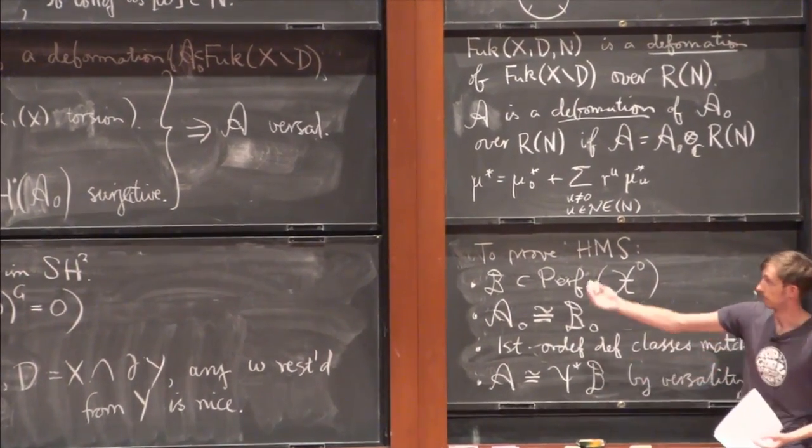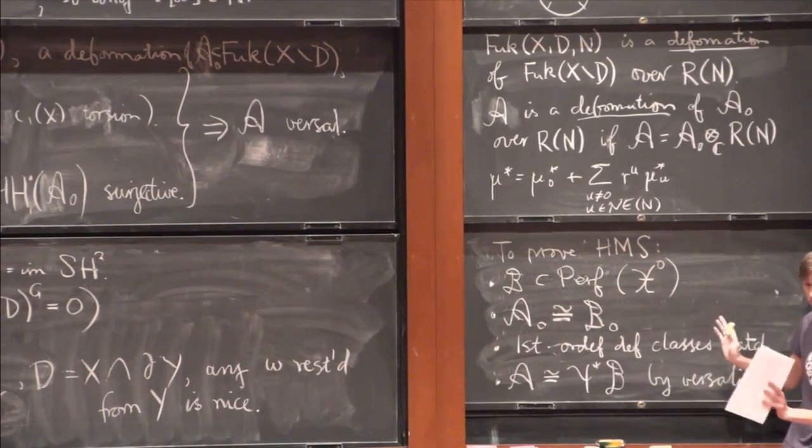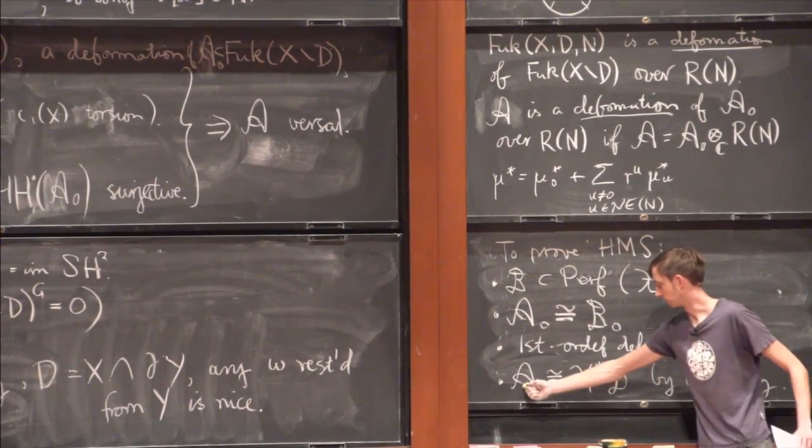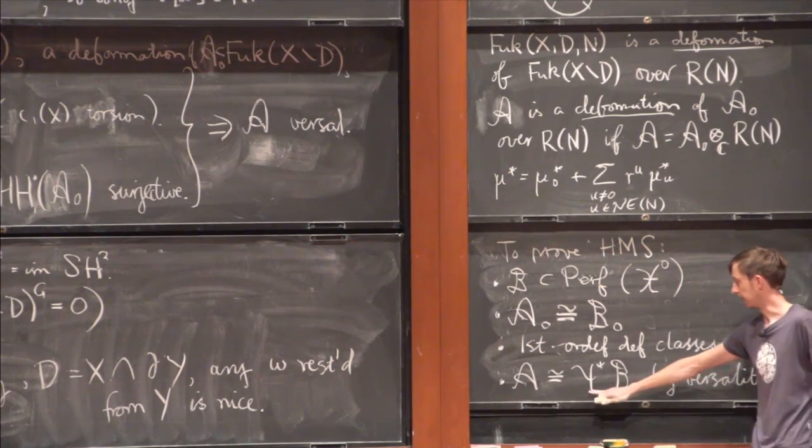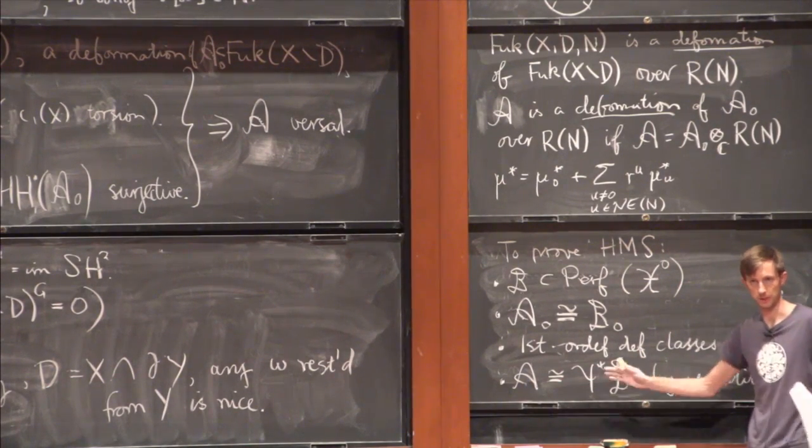Then that means by this versality theorem, well, we need to check its hypotheses, but it means we automatically get to match up A with the pullback of B by some psi, which we call the mirror map.